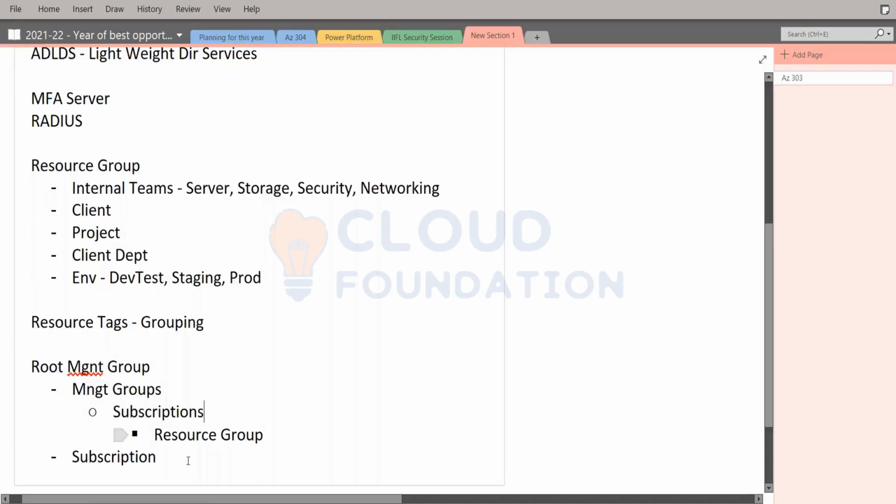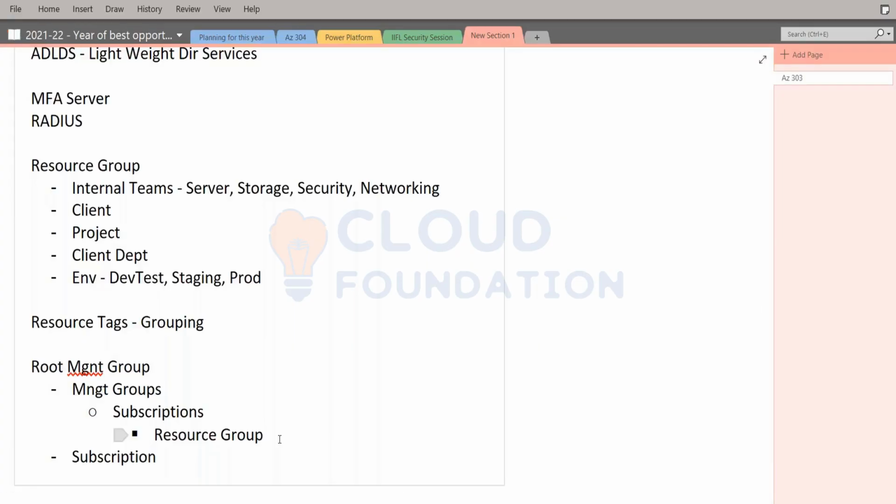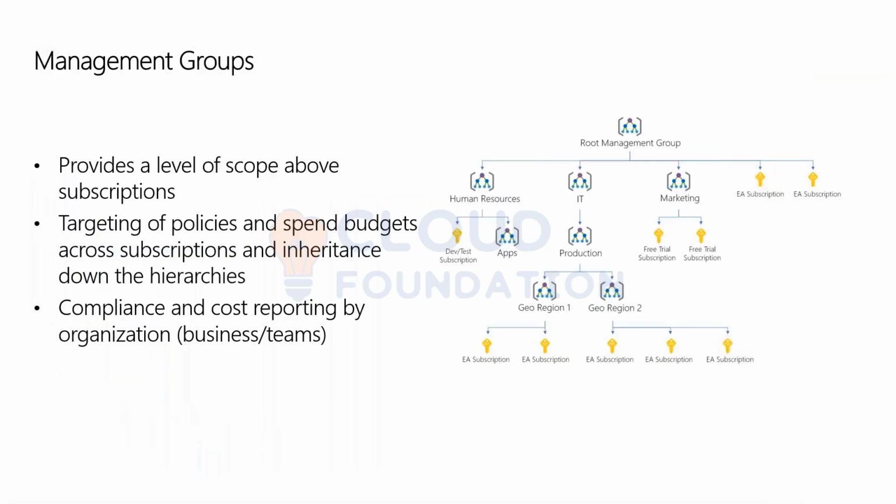Something that you want to apply on all the resources, you put at the resource group level. Depending upon the scope that you want for your policies and your rights management, you use the management group. I hope this makes sense in terms of the significance of management groups.